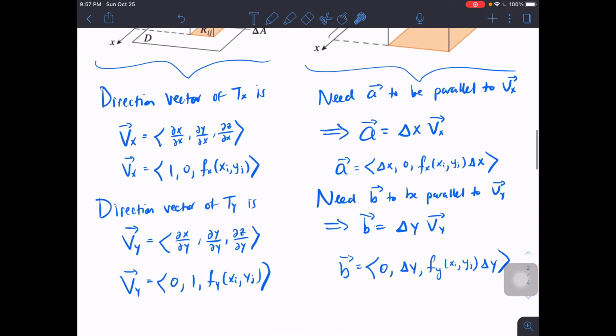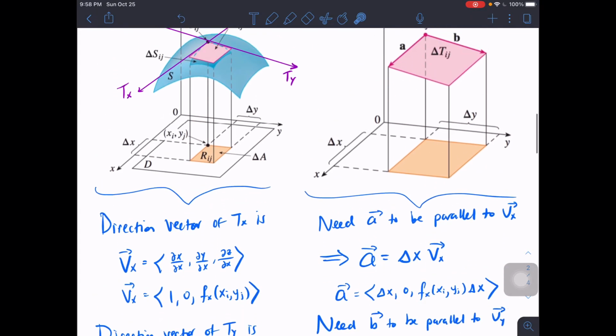Well, it was that the direction vector of Tx is just analyzing how the x, y, and z values are changing at this point. And so when you take the partial derivatives and analyze how they're changing with respect to x, remember that you're holding y constant, but z and x are going to be changing. x changes with respect to itself, y stays constant as x is changing, so there's no rate of change, and z is changing according to the partial derivative of the function at that point.